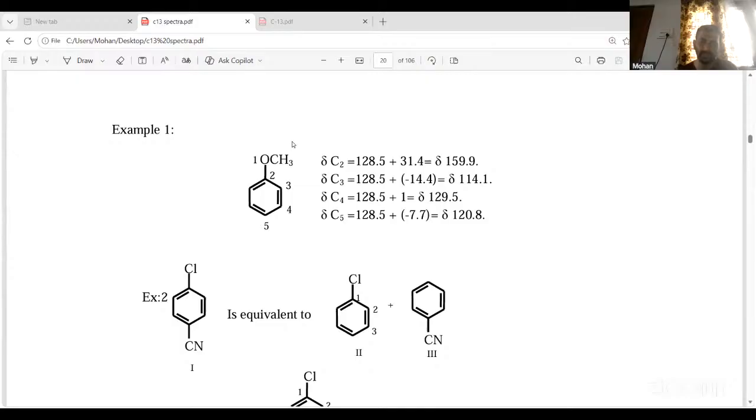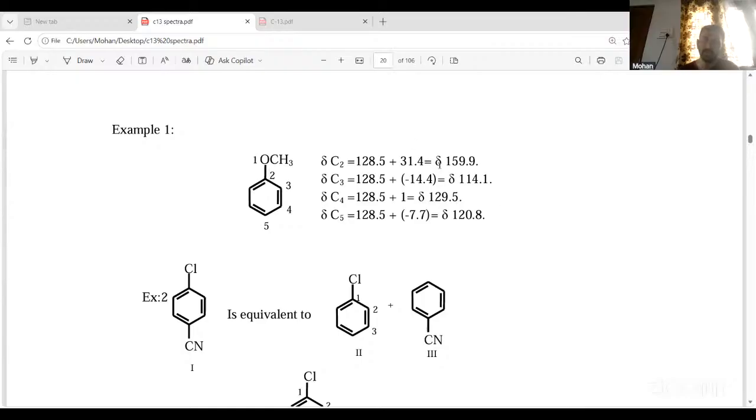Here is methoxybenzene. The base value taken is 128.5, and the methoxy group is present on the C1 carbon.